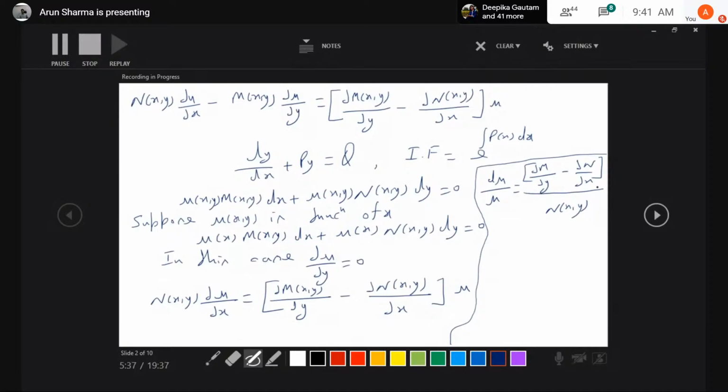Sorry, I have taken d mu upon mu here, and on this side, it is a function of x, so we can take it just dx.